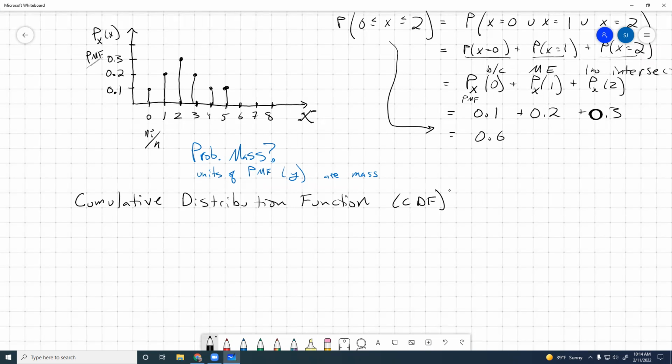And we'll write out, first, the symbology. We'll say the probability that big X is less than or equal to little x. And here's how we're going to write it: big F of X, as a function of little x. So this is a capital F.